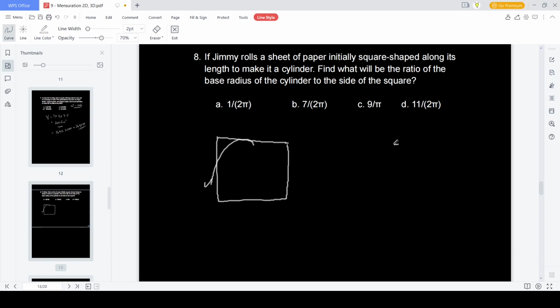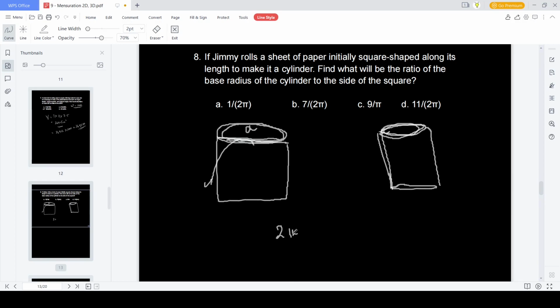First of all we'll call this side of the square A. This whole A will become the circumference for the new cylinder, correct? Because it is rolled in that way. So the circumference 2 pi r will become the side length a.